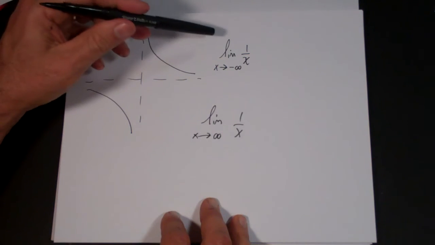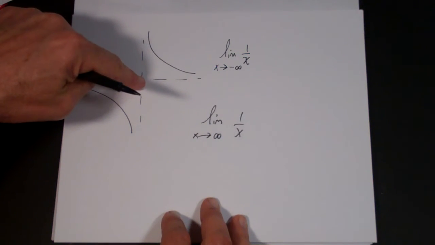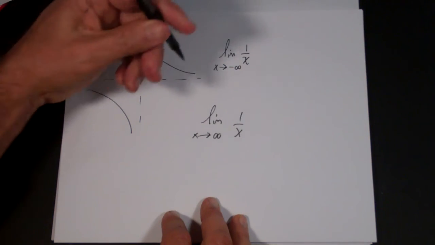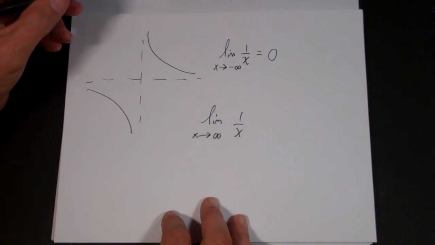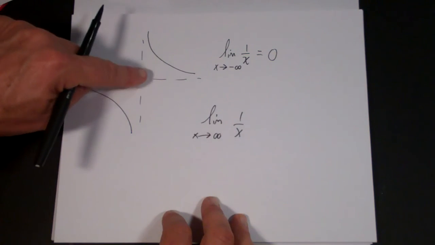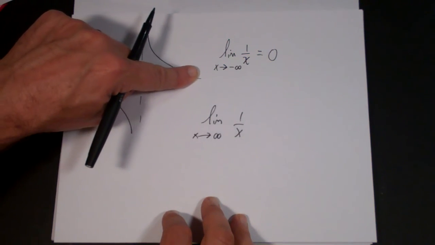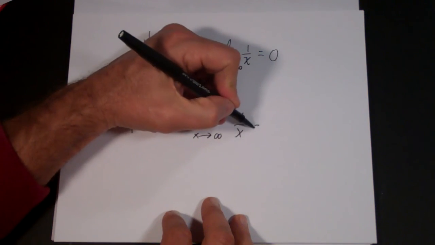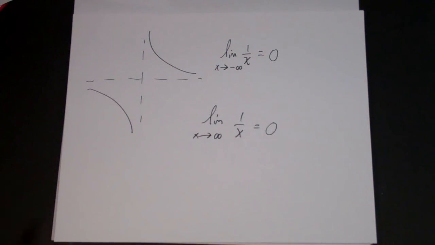As x goes to negative infinity, that's as it goes in this direction, y comes closer and closer to 0. And as x gets very large, so as you go in this direction, as x gets larger and larger, what happens to y? y is equal to 0. That's the graph and the properties of 1 over x.